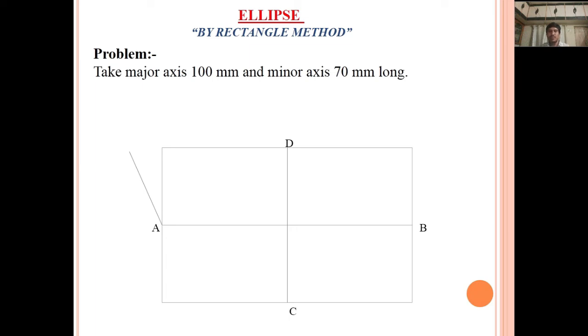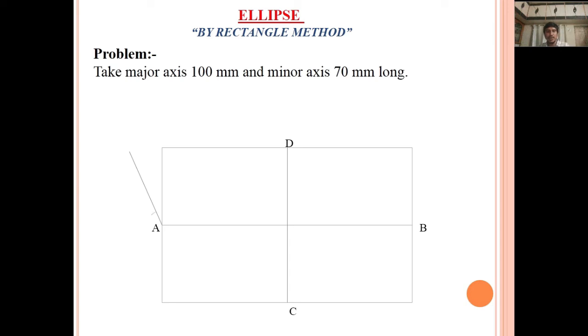That's why we draw this line from A to some point M at an angle of 15 degree. This line is drawn 4 centimeter long. That's why we divide it into 1 centimeter, 1 centimeter, 1 centimeter, 1 centimeter.